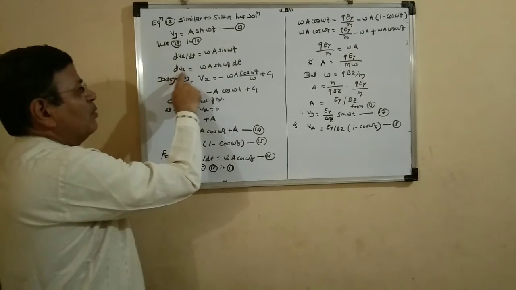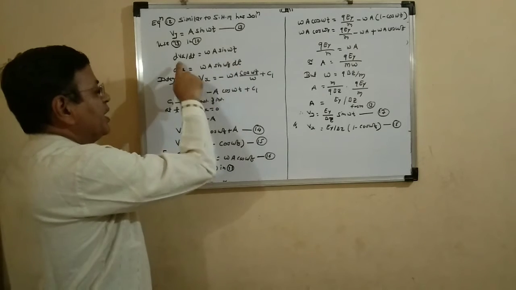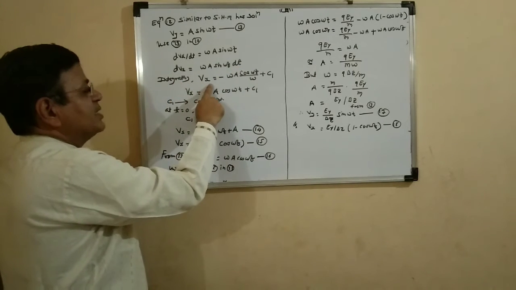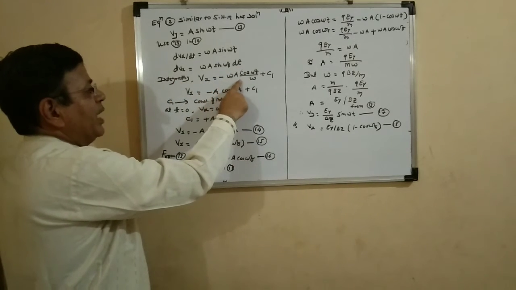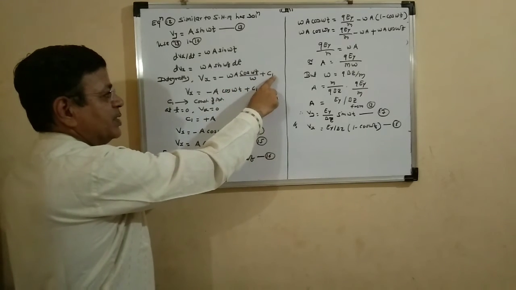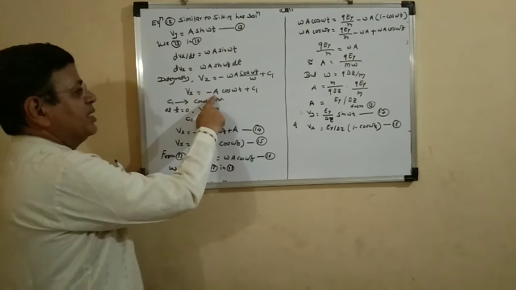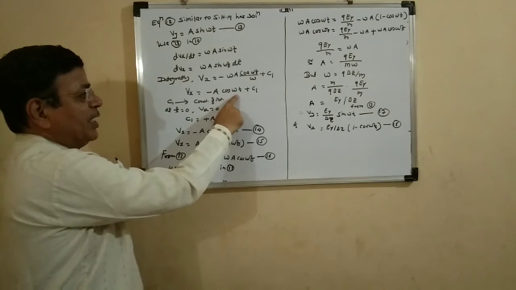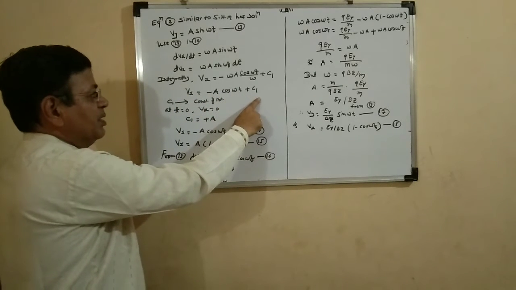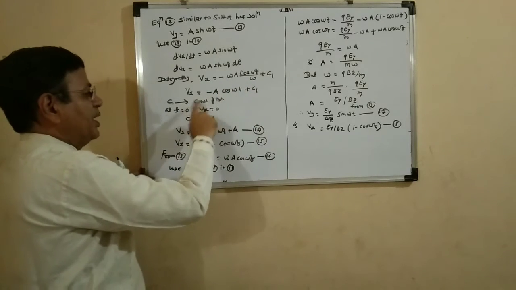So dvx is equal to omega a sin omega t dt. Integrating this term, vx is equal to minus omega a cos of omega t upon omega plus c1, where c1 is the constant of integration. So vx is equal to minus a cos of omega t plus c1, because omega gets cancelled.